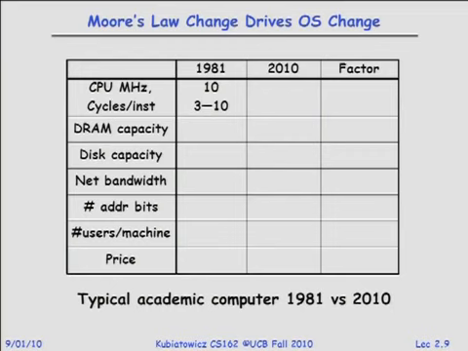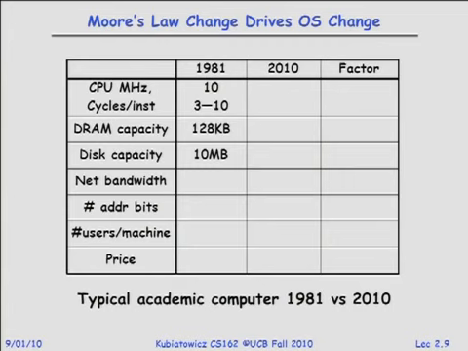So that's not very fast. We might have 128 kilobytes of memory and 10 megabytes of disk. I remember a guy I was working for was so excited because he got a 10 megabyte hard disk drive. That was a big deal.